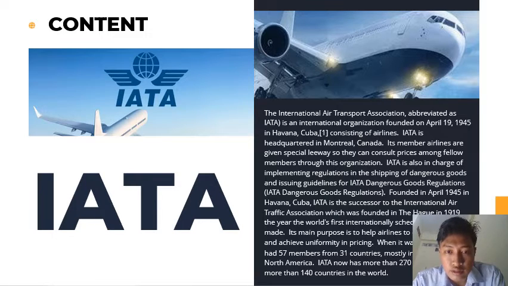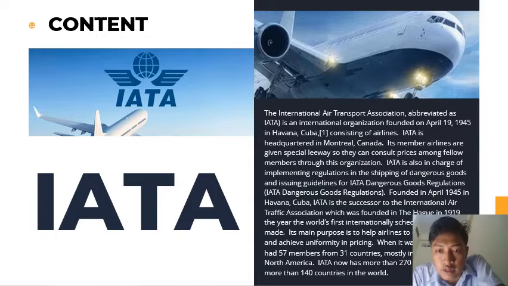Okay, and then we go next to the main content. Yes, it is IATA. IATA is the International Air Transport Association, an international organization founded on April 19, 1945 in Havana, Cuba, consisting of airlines.